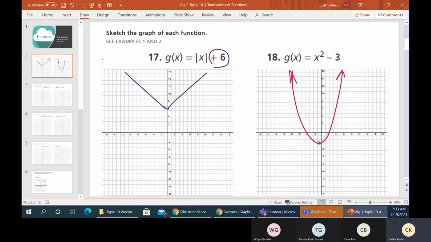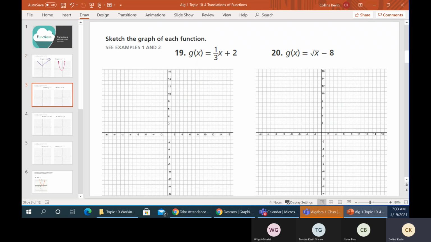Okay. Let's check out a few more graphs. Okay, so this is a linear graph. They're pretty easy. So the way you plot a linear graph is we start at this number.